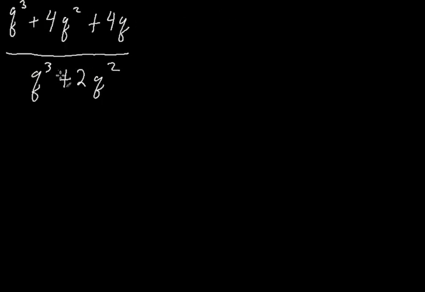Okay, let's take a look at this one. We have q to the third plus 4q squared plus 4q over q cubed plus 2q squared. Now, for the top part, we're going to have to factor out at least a q. That's for sure, right?